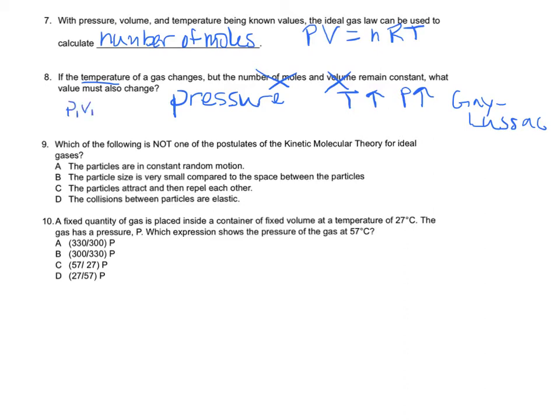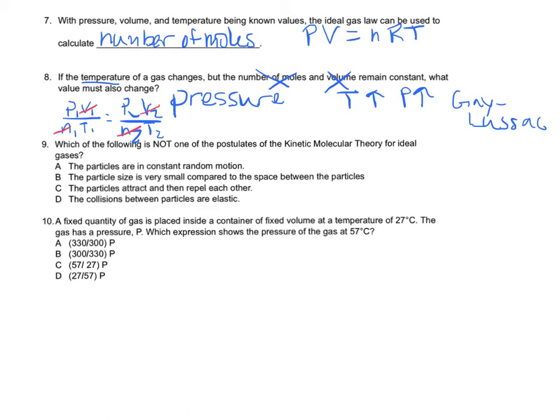P1 V1 over n1 T1 is equal to P2 V2, sorry, that's kind of an ugly 2, over n2 T2. All right, so if this is keeping our moles and our volume the same, the only thing that's left is pressure and temperature. Do you see that? All right, so on to number 9.